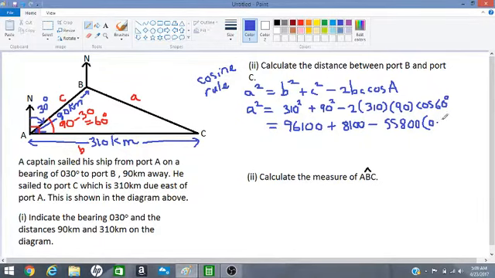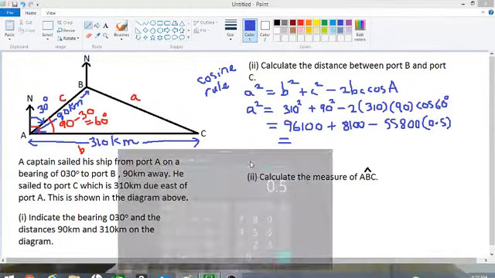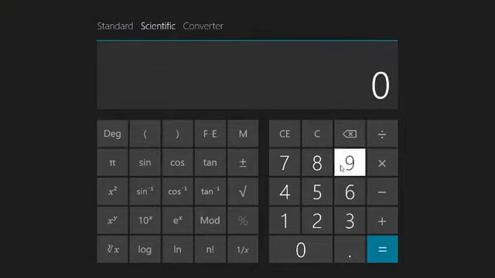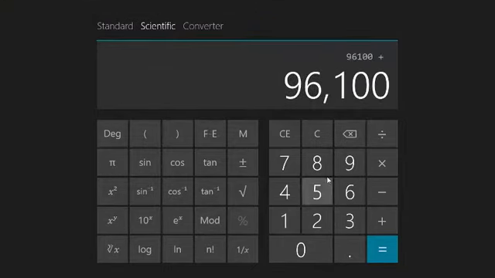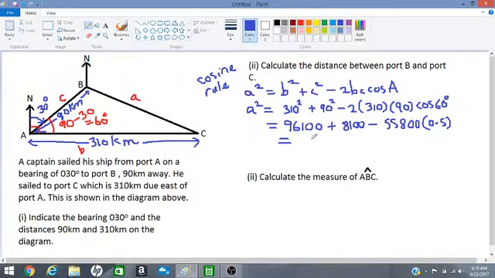Okay, so we want to work this out now. So 96,100 plus 8,100, we get 104,200 minus 55,800 times 0.5.